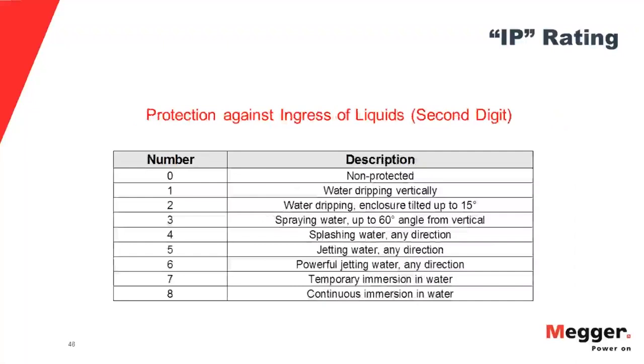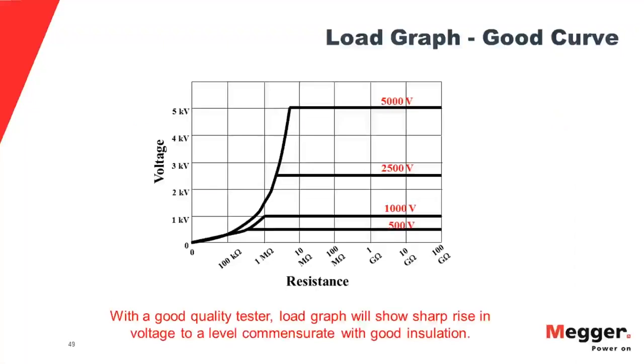Okay, load graph. Again, you want to see a very quick, very sharp rise up to the voltage at which you intend to test, and you don't want your voltage to load down at the low end of the insulation spectrum until you get to what is actually not good insulation.